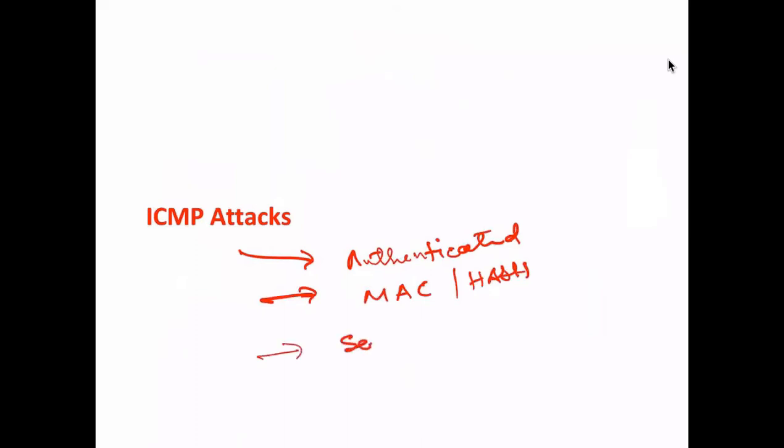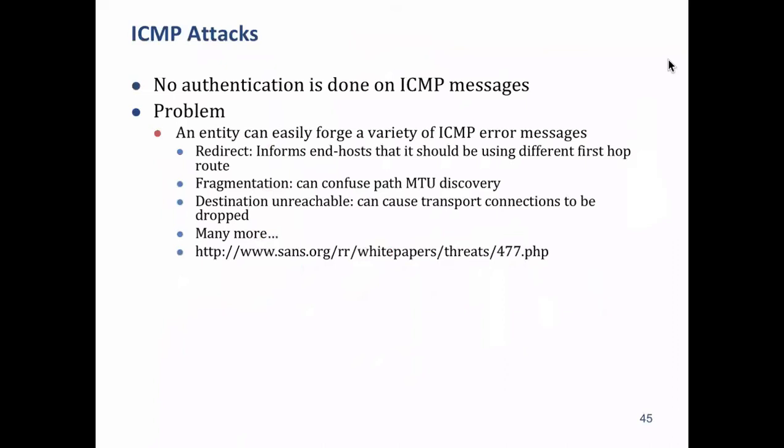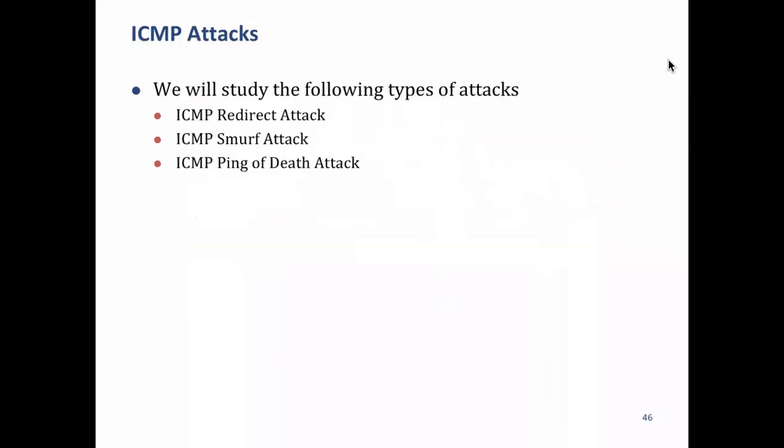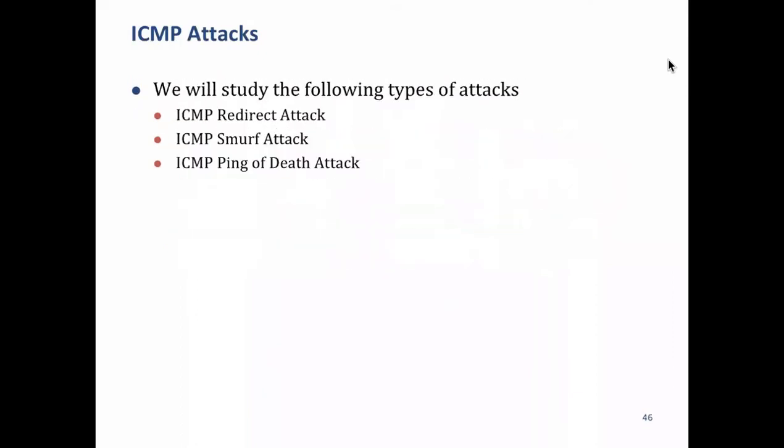Anybody can send. Is the sender's ID authenticated? No authentication. So you can pose as me and send an ICMP message. Now this is a problem. You can read a lot of information about it from many sources. Of course, this paper contains a good amount of information.